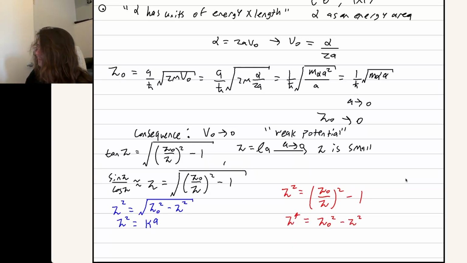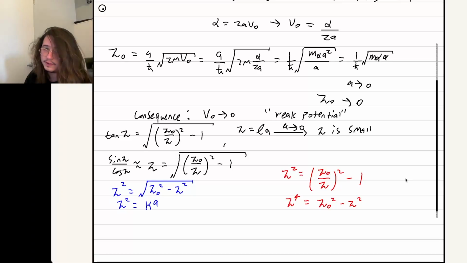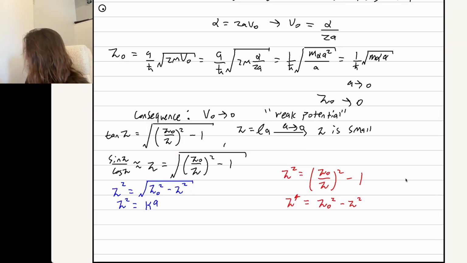Now, we've already talked about how small z is, which means z to the 4th is incredibly small. Given that z to the 4th is much, much less than 1, we're just going to approximate it as 0.